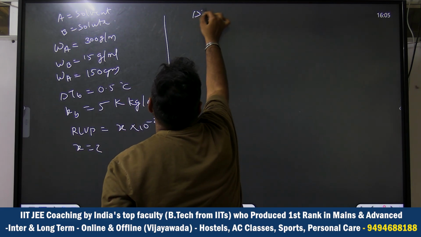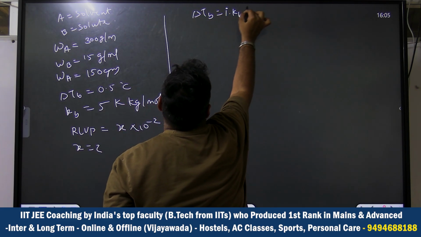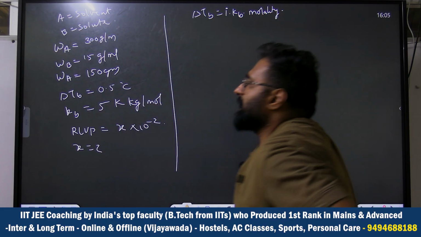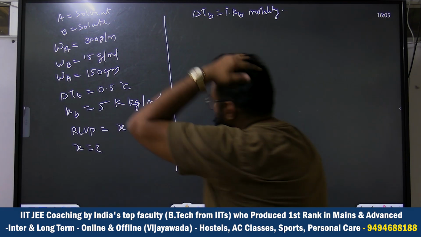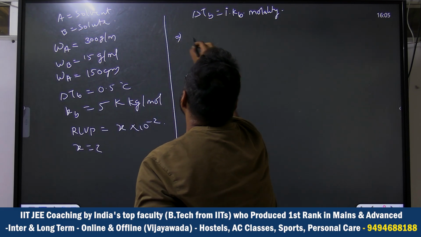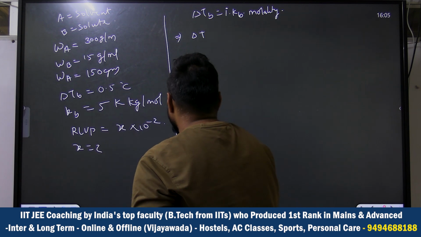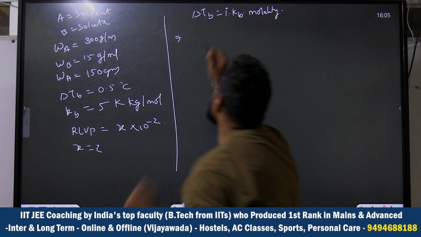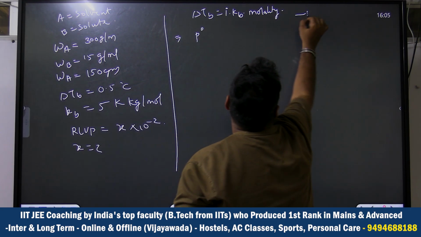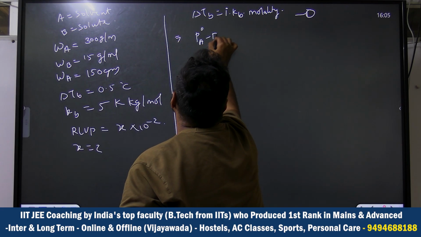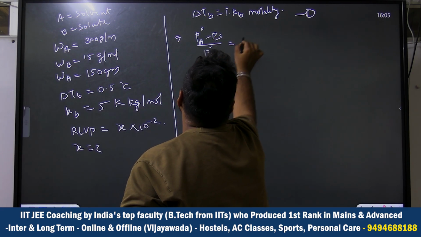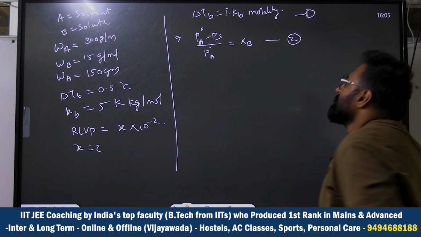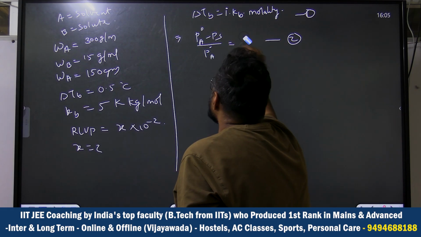So what is the formula of delta TB? I into Kb into molality. This is the formula, correct? So what is molality? Since we don't have molality, what is RLVP? This is equation number 1, and (P naught A minus PS) upon P naught A is equal to XB. This is my equation number 2. Instead of XB, what can I write?